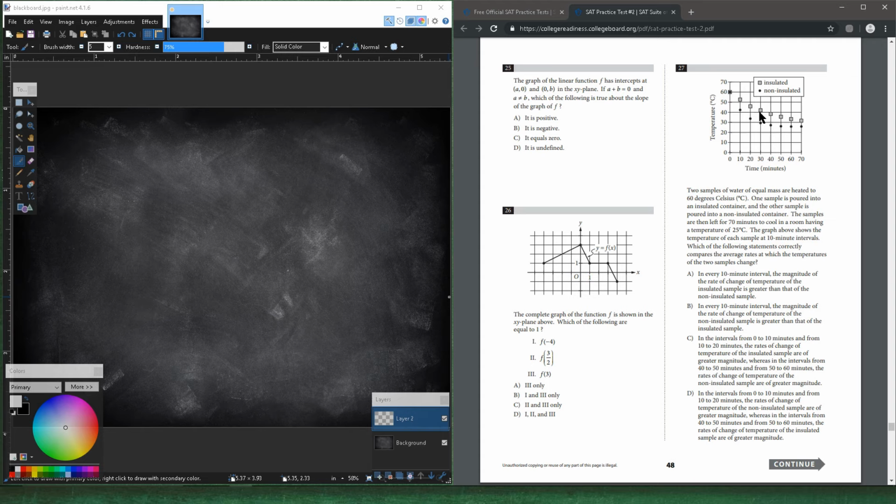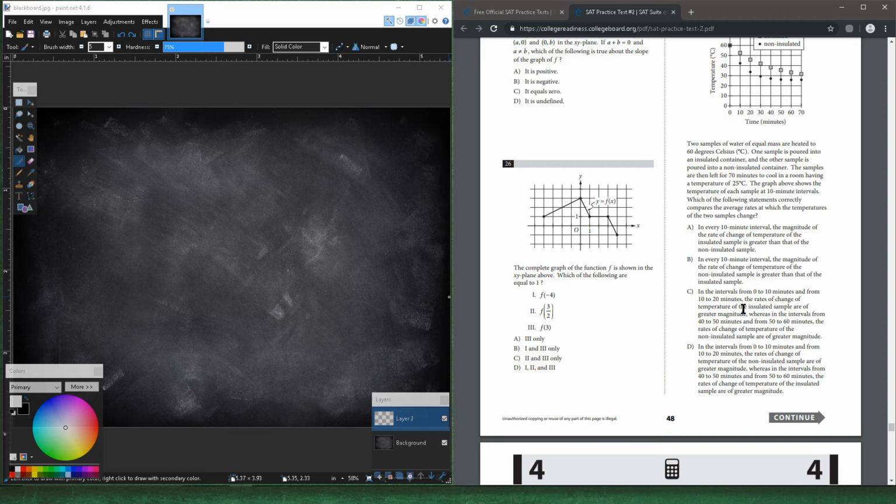That is not true because this one is moving slower and this one's moving way faster. But in every 10 minutes, the magnitude of the rate of change of the non-insulated is greater than that of the insulated. This is not true. This kind of looks like it's going by some kind of constant, but this one's looping back and going really slow here.